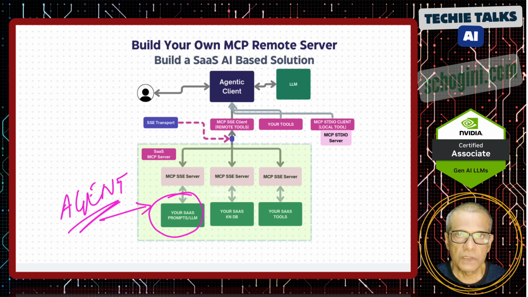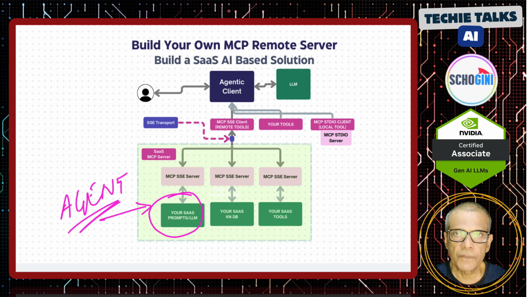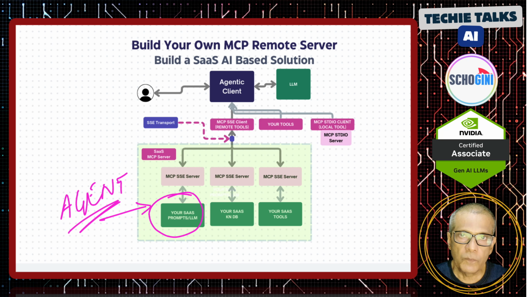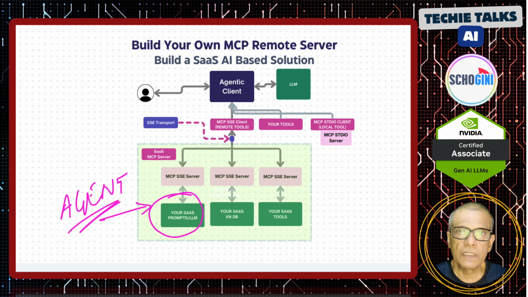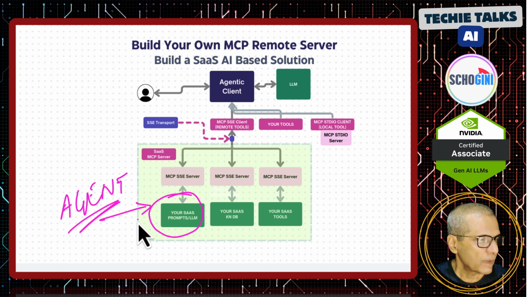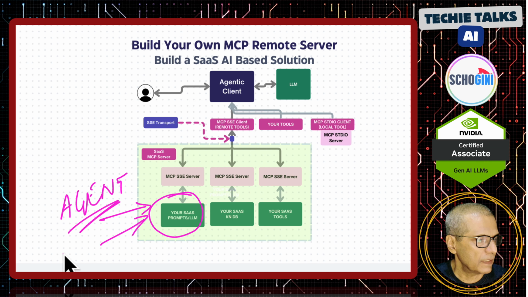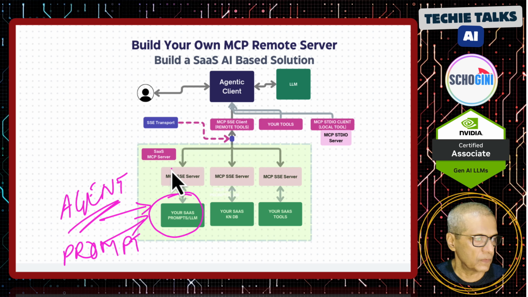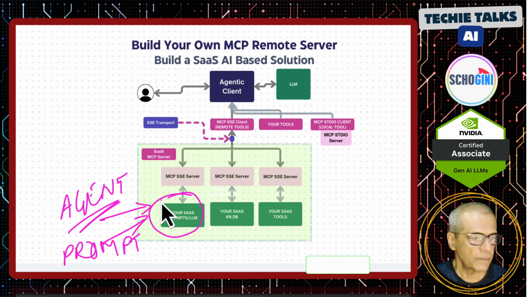For instance, if it is a report generation agent that does deep research, your prompt is your know-how, your prompt is your intellectual property. So you can put your prompt safely here, and the replies go back to your client. That is the beauty of it. So your intellectual property stays with you.